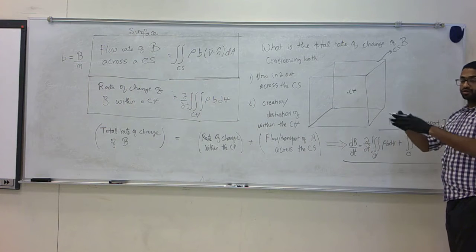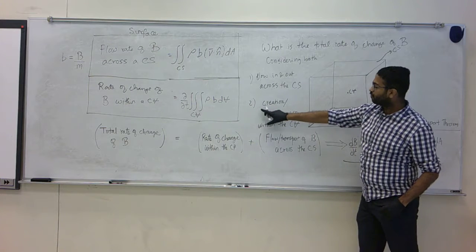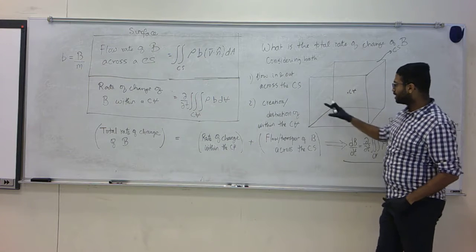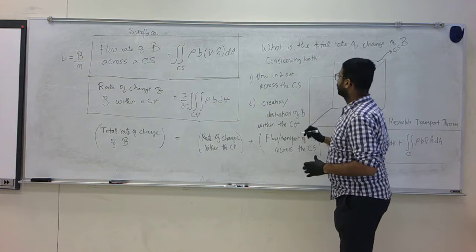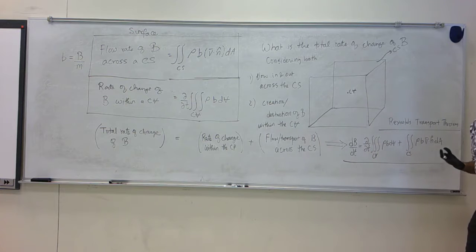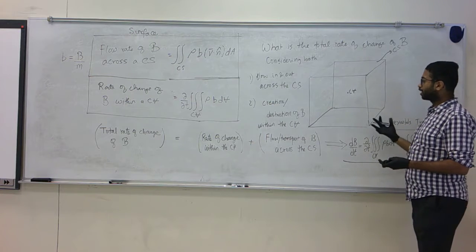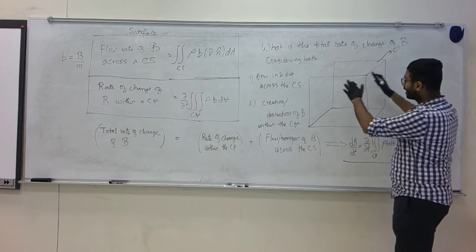Now you could have a flow of B in and out across the surfaces, across the boundaries, or across the borders, and you could have creation and destruction of B within the control volume. For example, this could be the number of people born or dying inside a country.